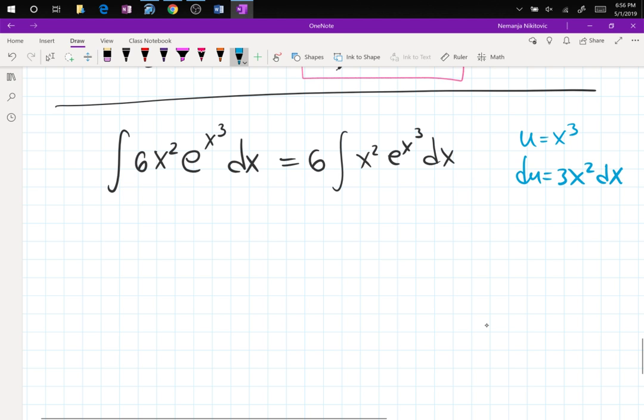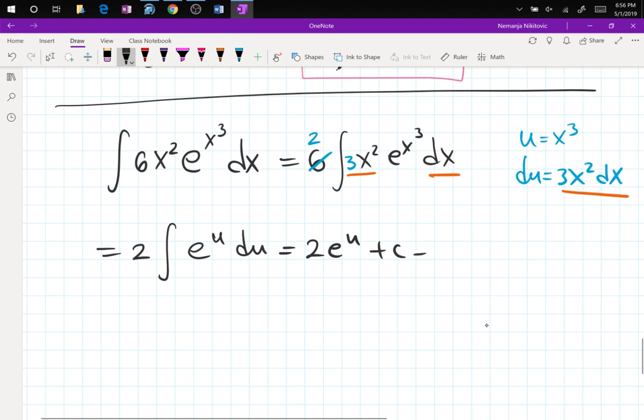So I can do that. And then we have 2 integral, so e to the u du, which is e to the u plus c, which is 2e to the x cubed plus c.